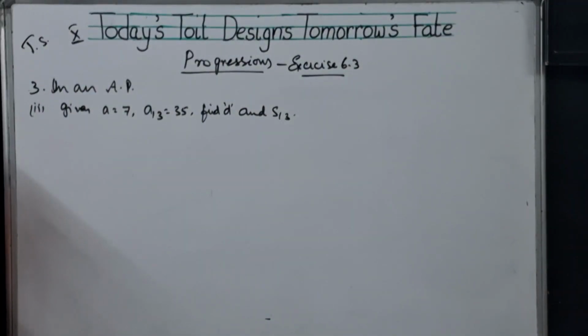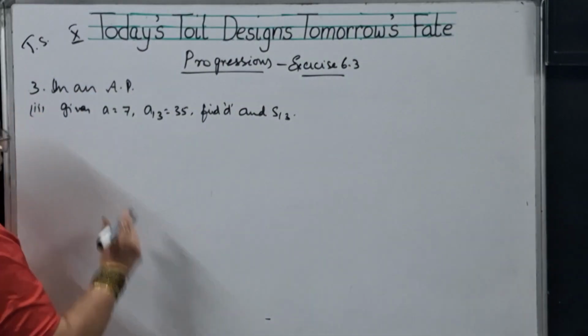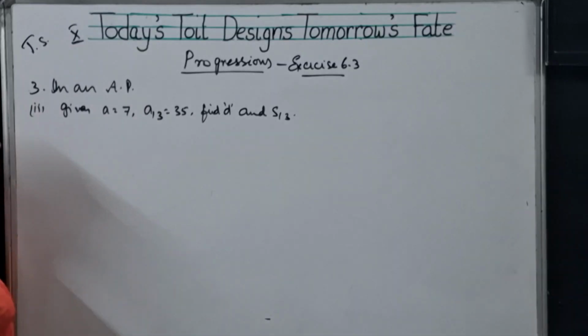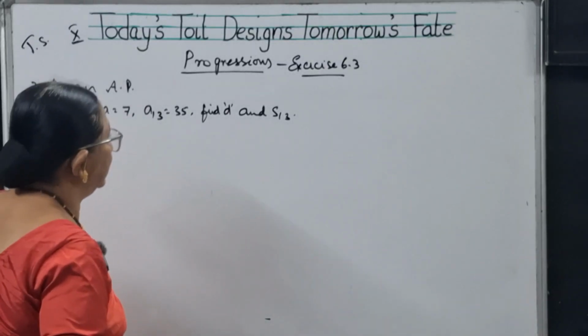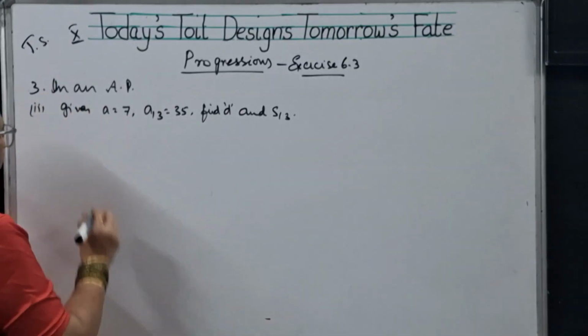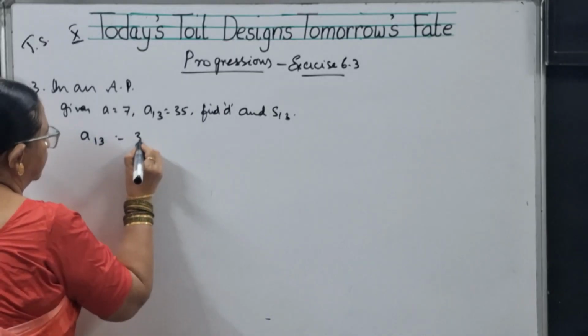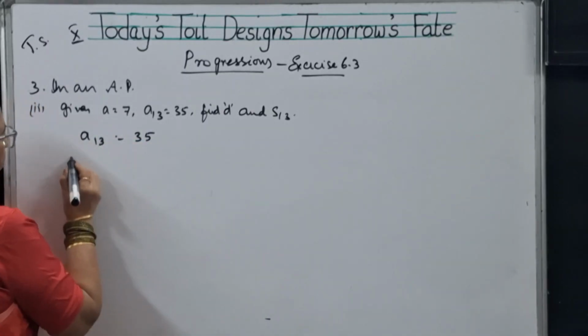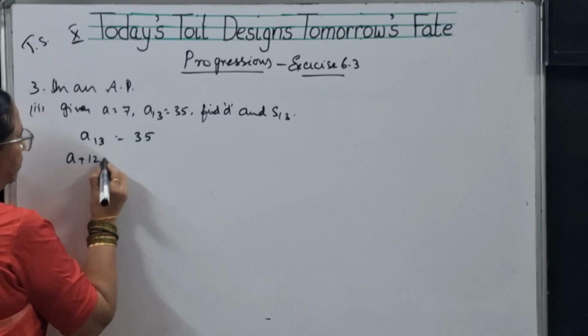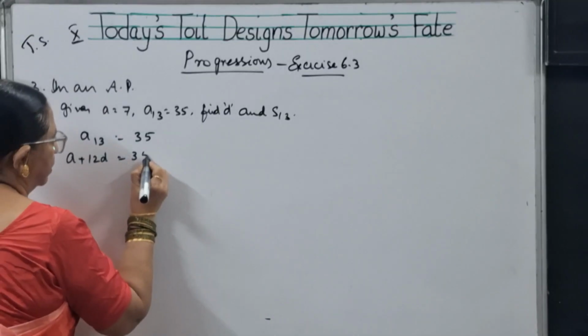Second bit, children. They have given a is 7, a13 is 35. You have to find d and S13. So, what is a13? a13 is 35. What is the formula for a13? a plus 12d is equal to 35.